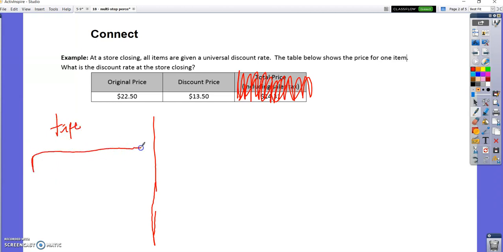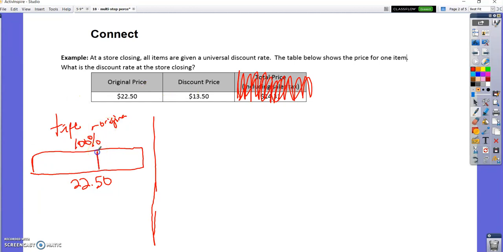And in that case, we said tapes usually represent 100%. So that 100% of the price, the whole price, that's the original price, which is $22.50, because in a tape diagram, the whole tape has to represent the whole. There's two parts, right?